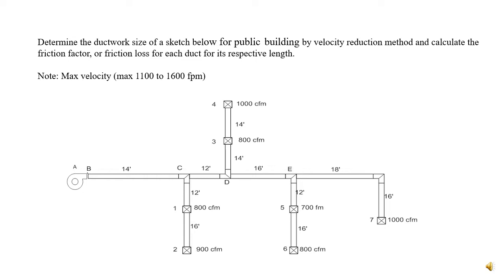or 900, and E to 6 maybe again 900 or 1,000. The main thing is you have to keep the range in check, and also the velocity should be reduced as it goes further from the entrance, and the lowest velocity should be at the end of the duct system, and in this case is from E to 7.